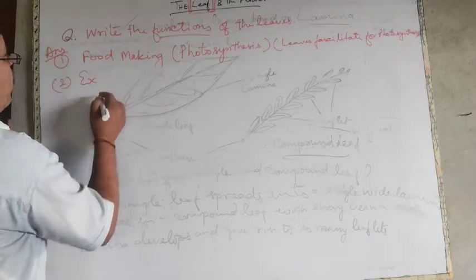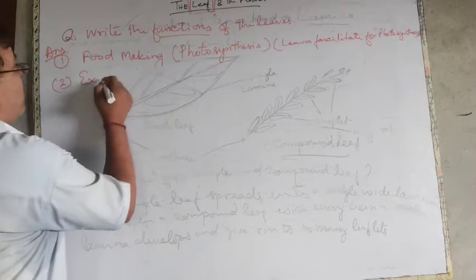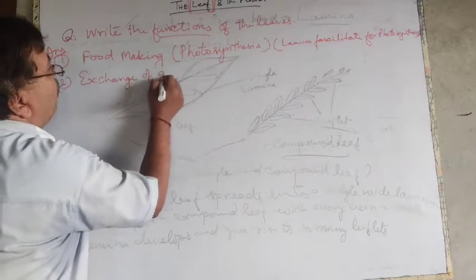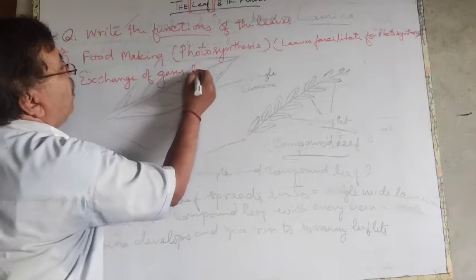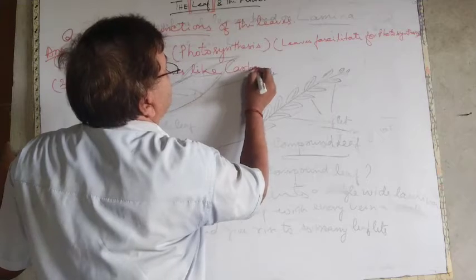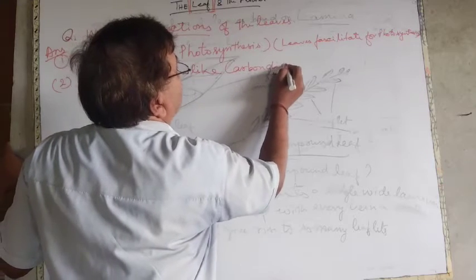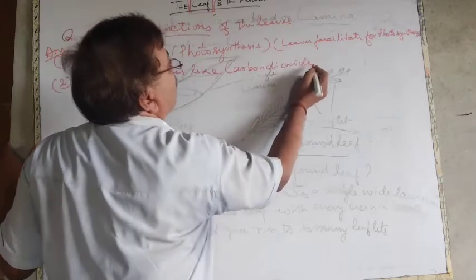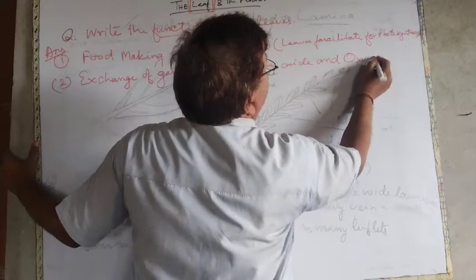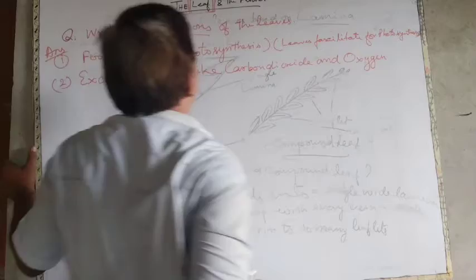So the second important function of the leaf is exchange of gases, like carbon dioxide and oxygen. This is the second important function.